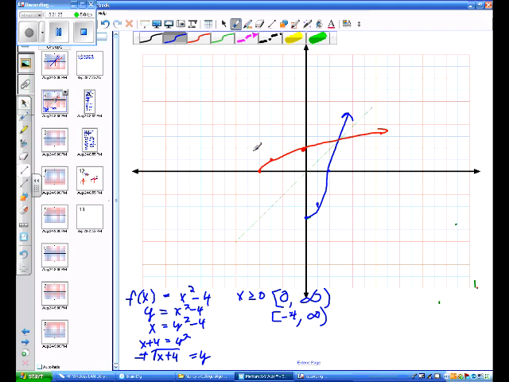Okay, if we go to the red one that we did, the one that was our inverse, and we find our domain, well, notice our domain, the lowest x value was at -4, so it went from -4 to infinity. And then our range, our lowest value was 0.